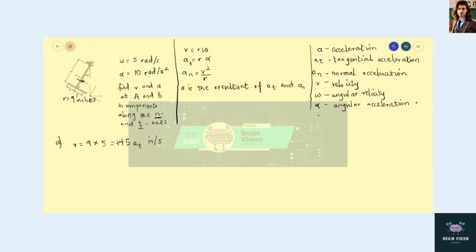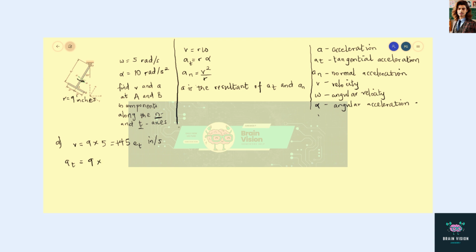And for the acceleration now at point A, remember, we have two components, tangential and normal. For the tangential acceleration, at is equal to the radius, 9, times alpha, which is 10.